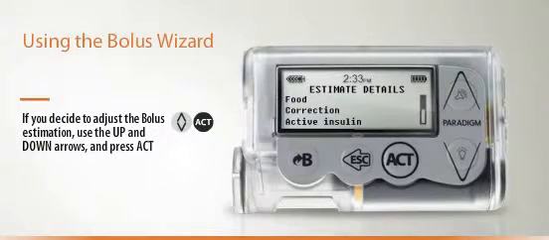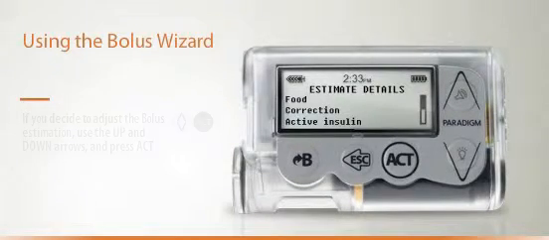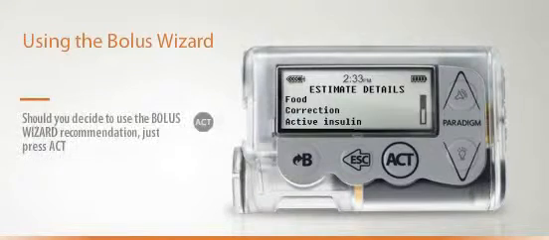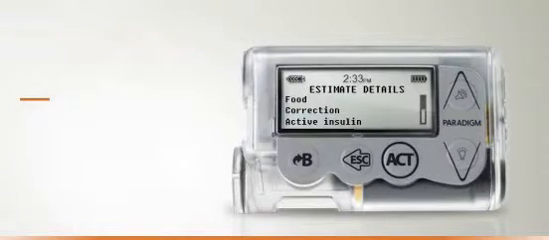If you decide to adjust the bolus estimation, use the up and down arrows and then press Act. Should you decide to use the bolus wizard recommendation, just press Act.